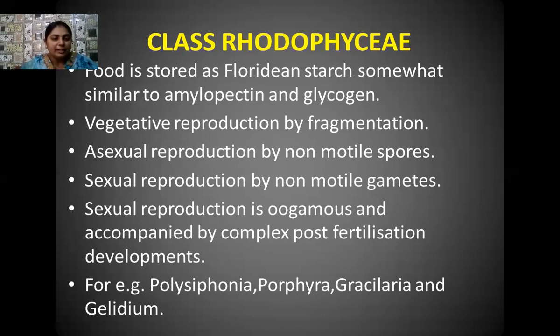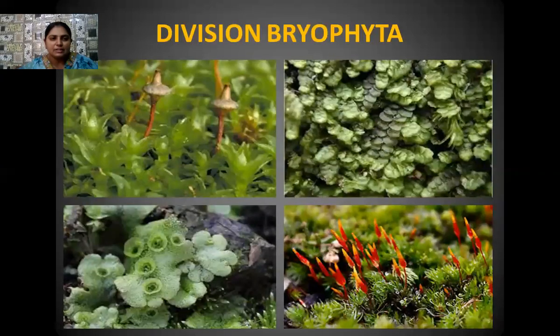Sexual reproduction is mainly of oogamous type, and this oogamous sexual reproduction is later accompanied by complex post-fertilization developments. If you have to write examples, you can give the examples of Polysiphonia, Porphyra, Gracilaria, and Gelidium under this. So that's all about the algal species.